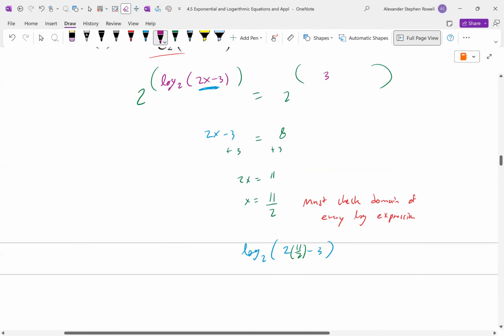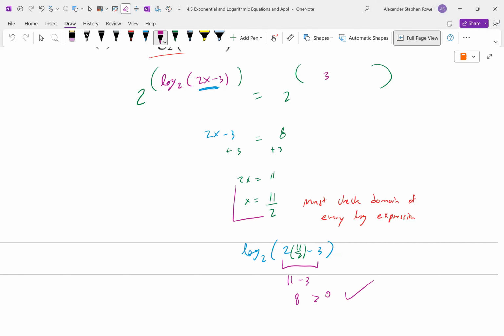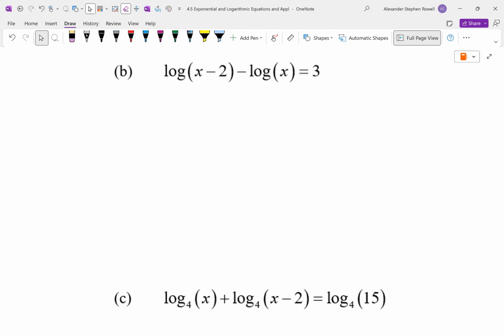All I care about is to simplify the inside and make sure it's positive. I would get 11 minus 3 is 8. Positive, therefore, this is not an extraneous solution. Any questions about that? All right, next problem.